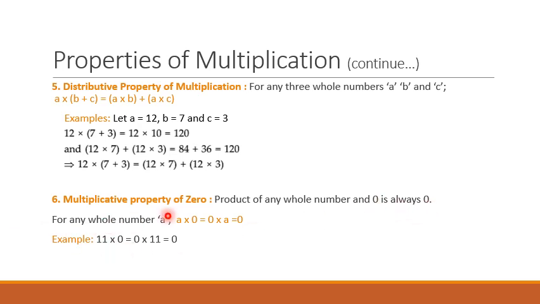So for any whole number a, a multiplied by 0 is equal to 0 multiplied by a, and finally it's going to be 0 only. Let's see with the help of an example. 11 multiplied by 0 is the same as 0 multiplied by 11, and the answer is 0 only. So this is the multiplicative property of 0.